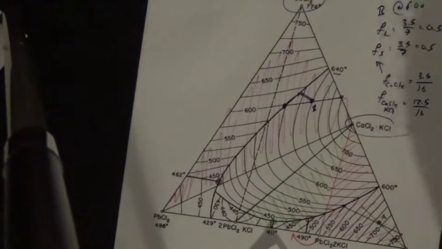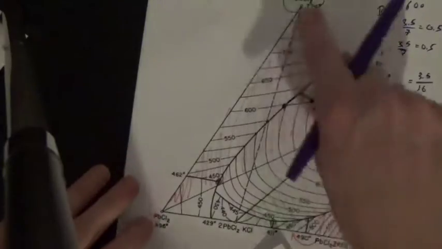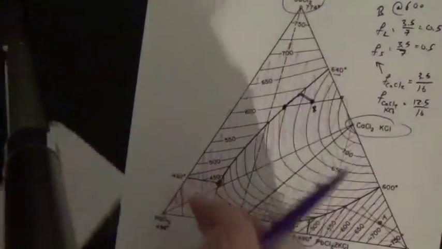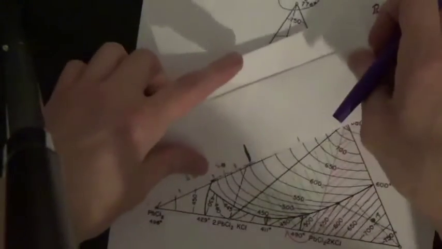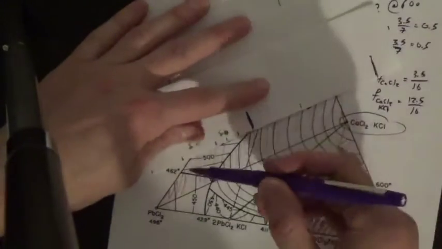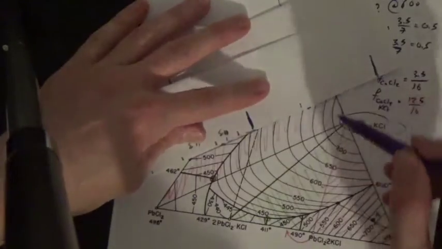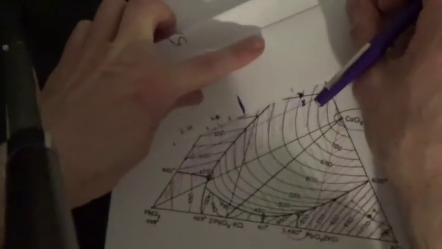And we'd also ask ourselves, what is the composition of the liquid? And the composition of the liquid, you could take it from this, or you could take it from drawing in the parallel lines here. We can do this just as well. At that point. There we go.